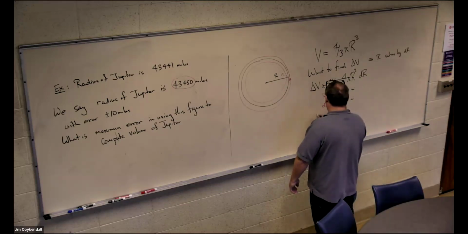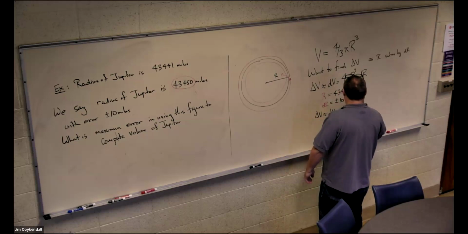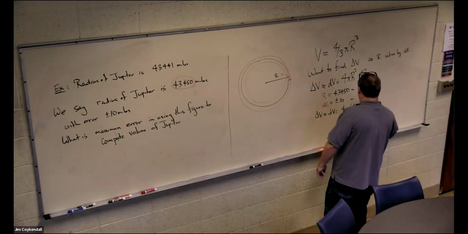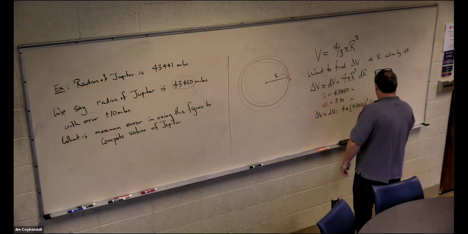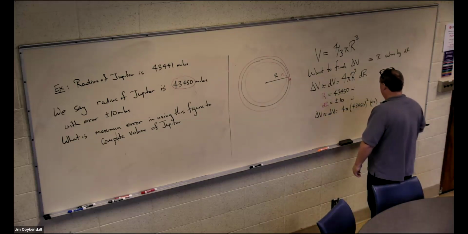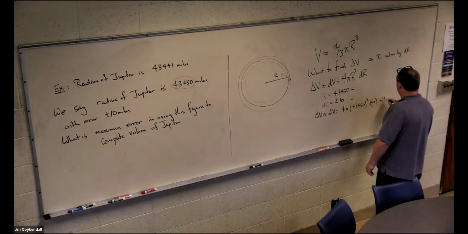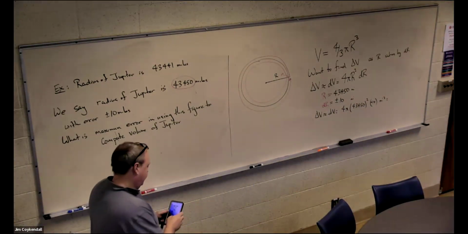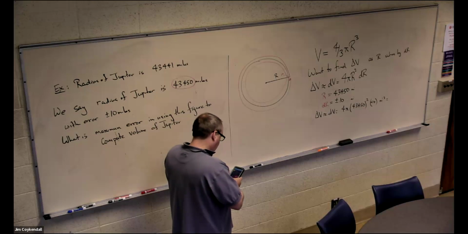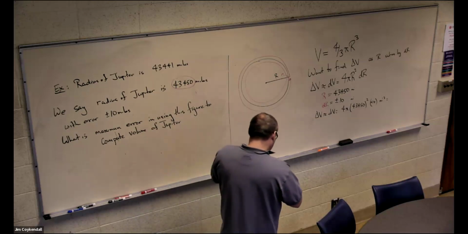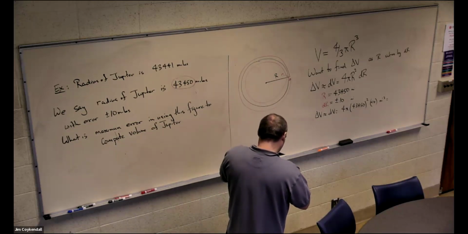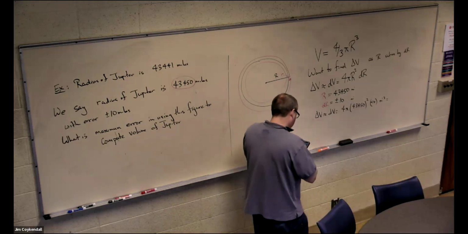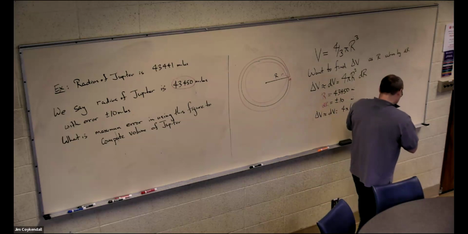So my dV is 4 pi times 43,450 squared times 10, plus or minus really. And this should be in cubic miles. Just for giggles, let's see what we get. 43,450 squared times 4 pi times 10.